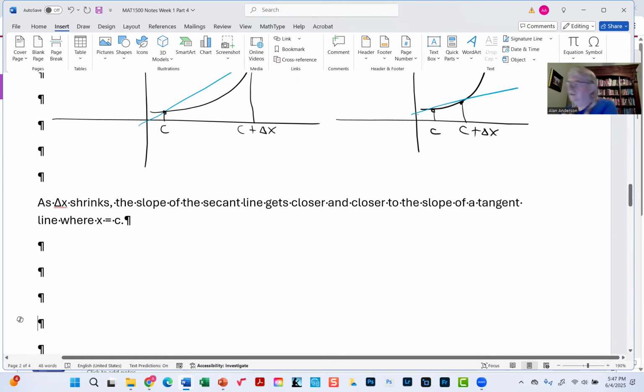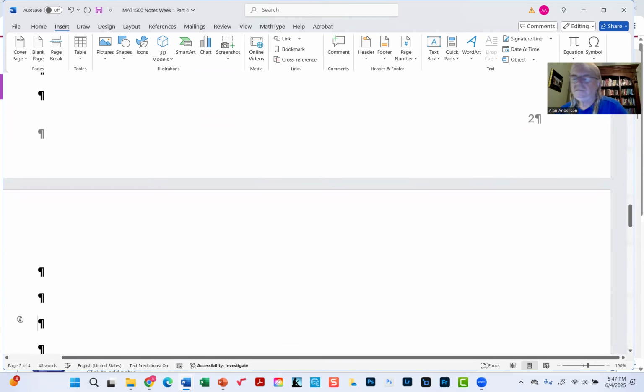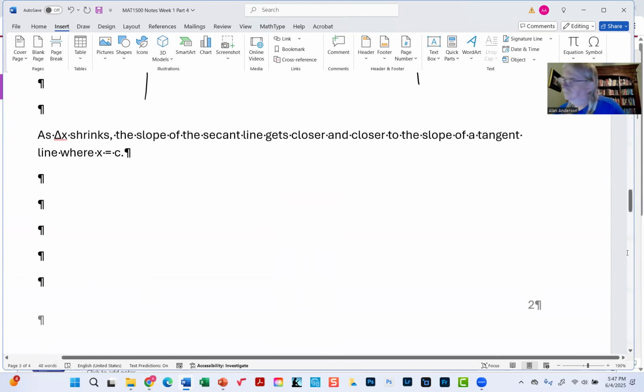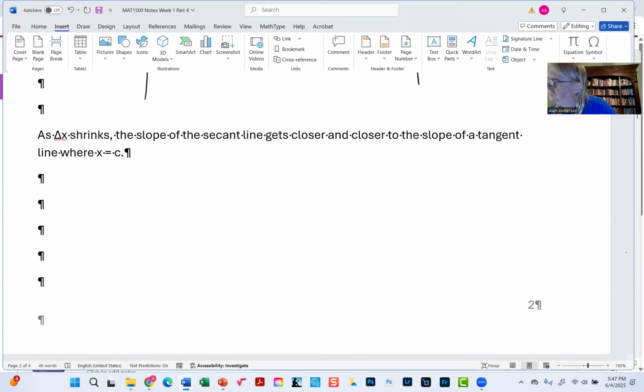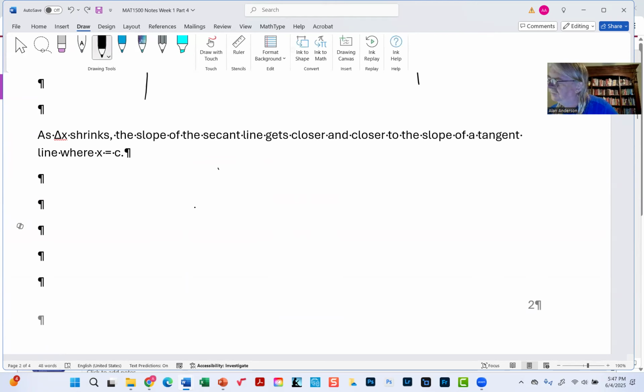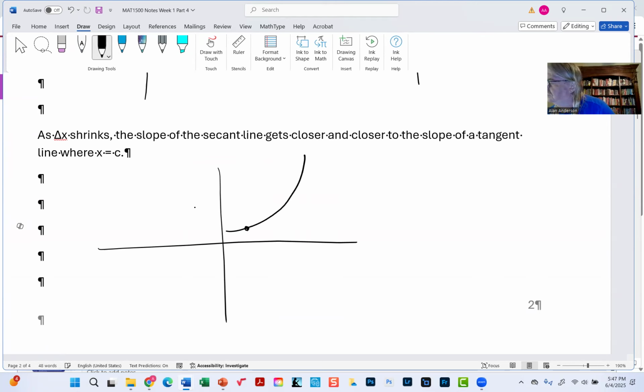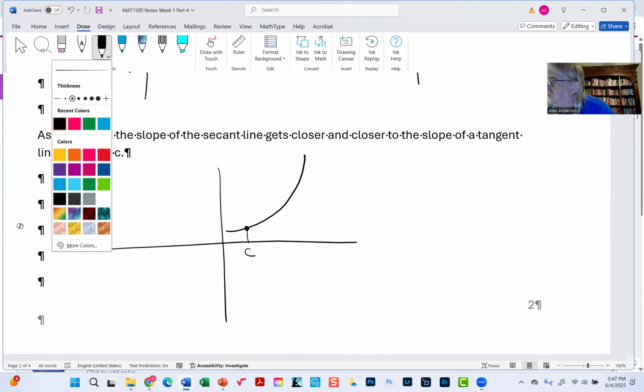So in other words, let's see if I can draw this properly. Let's go back to black here. I'll tell you what, let's pick a different color for the tangent.